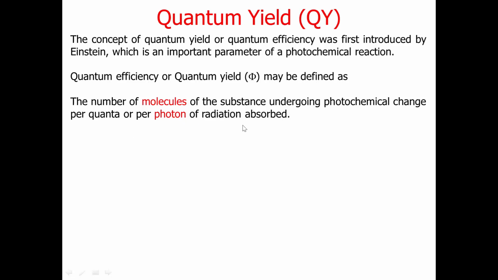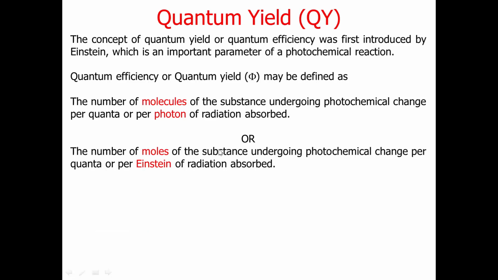Theoretically the maximum quantum yield value should be 1, because whatever number of molecules are there, they should absorb the corresponding photon energy.